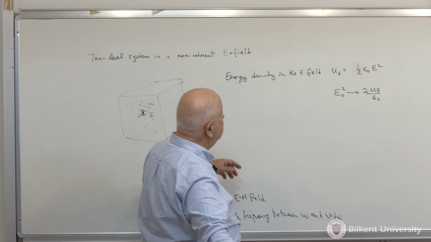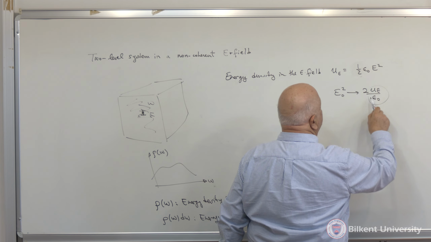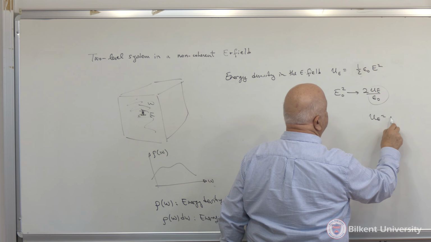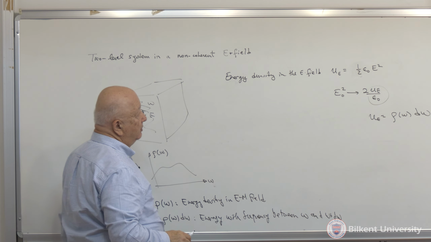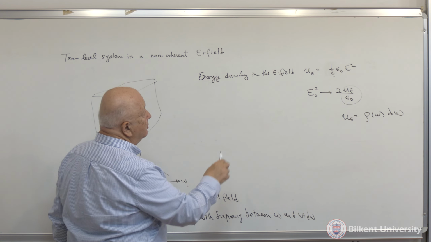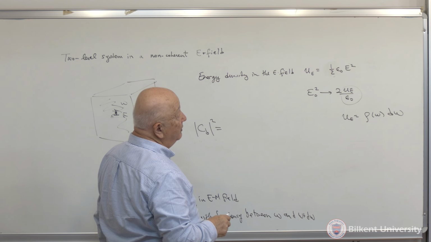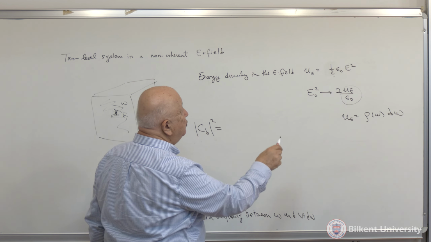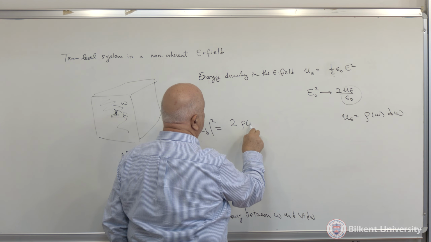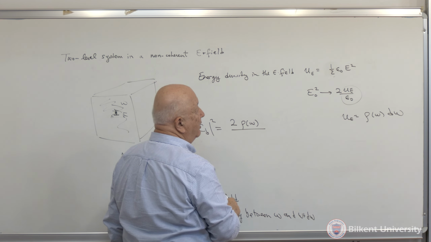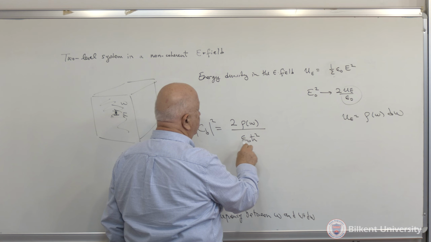Okay, so what I'm going to do is replace this energy density with rho of omega d omega. So my probability of being in state B is going to be 2 rho of omega divided by h bar squared epsilon 0.